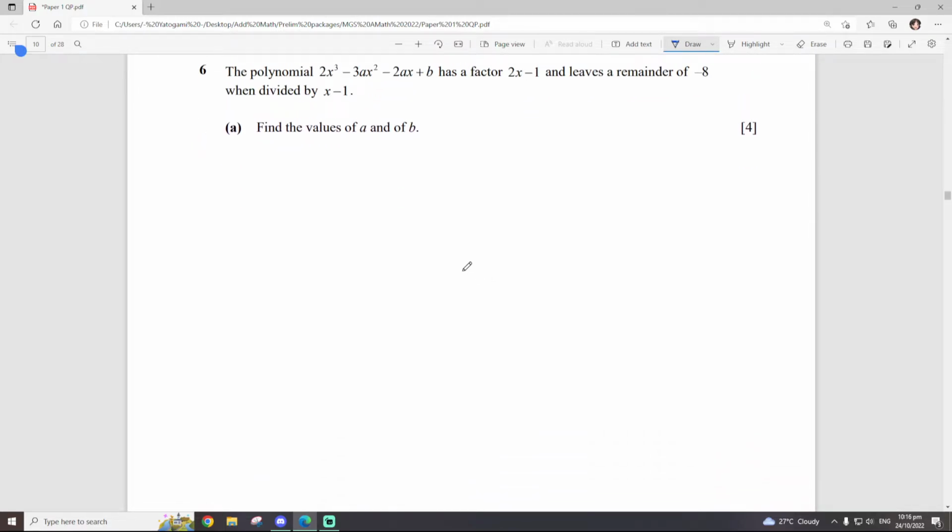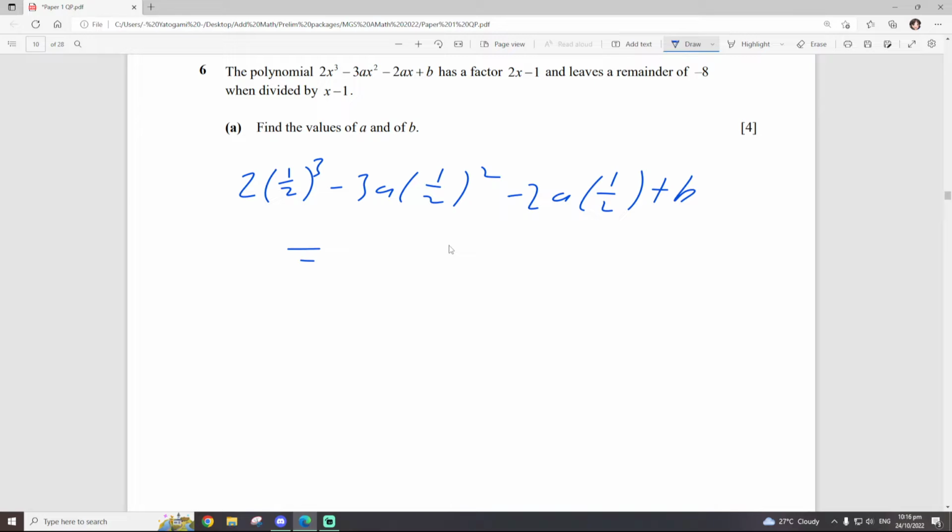We have a polynomial, and it has this factor and leaves this remainder. So we use the factor and remainder theorem. So if we sub in 2x - 1, so we use a half. So 2(1/2)^3 - 3a(1/2)^2 - 2a(1/2) + b. We can simplify this a bit.